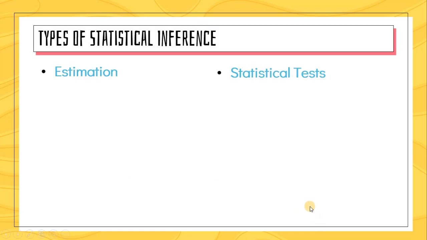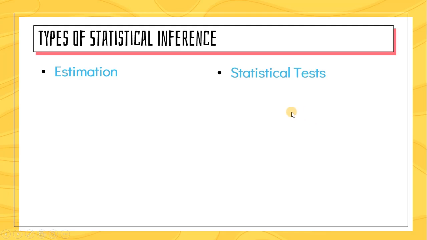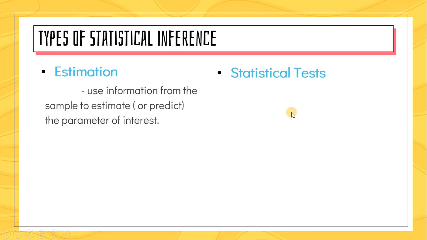Okay. So there are different types of statistical inferences. We have estimation and statistical tests. So estimation, we use information from the sample to estimate or predict the parameter of interest.